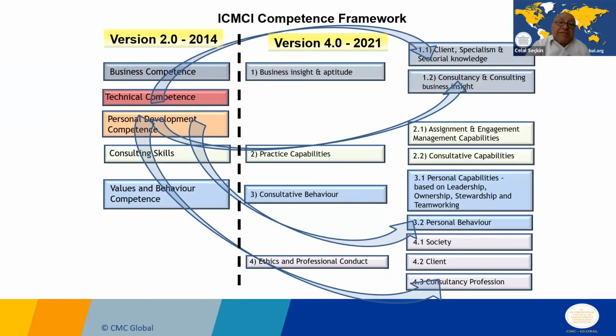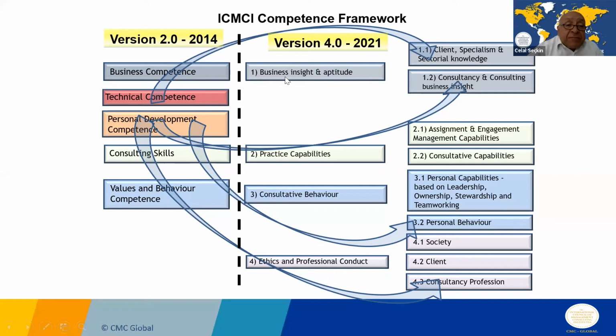the documents on the website, and we have a comparison table of what has been changed in version 2014 to be included in 2021. So for example, in technical competence, when we have some competences, we explain them in the client specialism and sectorial knowledge section.